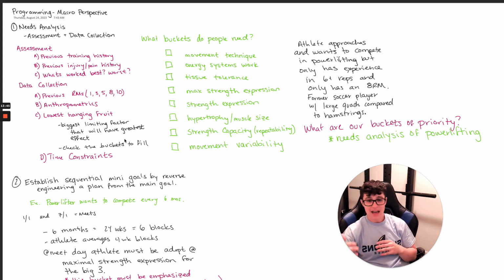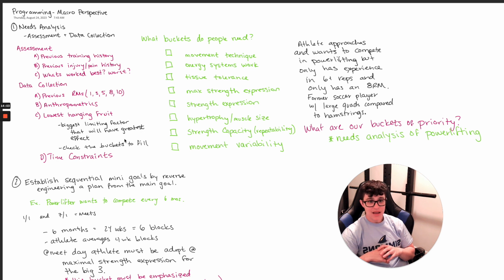Now, most athletes average 4-week blocks, but don't marry yourself to that. Just for the sake of simplicity, we're going to keep people at, on average, 4-week blocks. At 24 weeks, this gives us 6 blocks to work with.